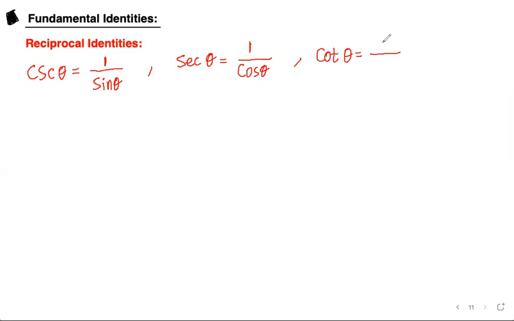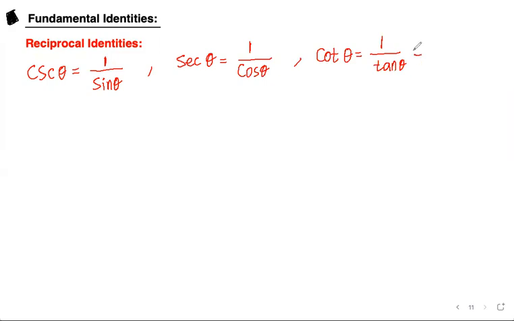First one for the reciprocal identity: the cosecant of theta is equal to 1 over sine of theta. Secant of theta is equal to 1 over cosine of theta, and cotangent of theta is the same as 1 over tan of theta.